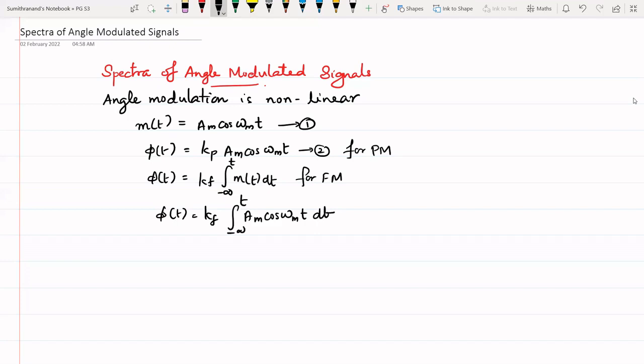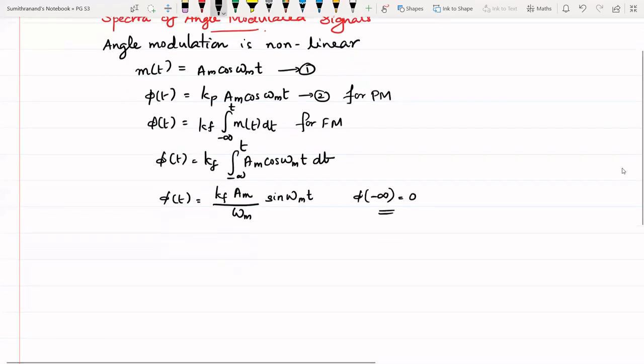On integrating, we will get phi of t is equal to kf into Am divided by omega m into sin omega m t. Here we assume that phi of minus infinity is 0. Let this be equation number 3.